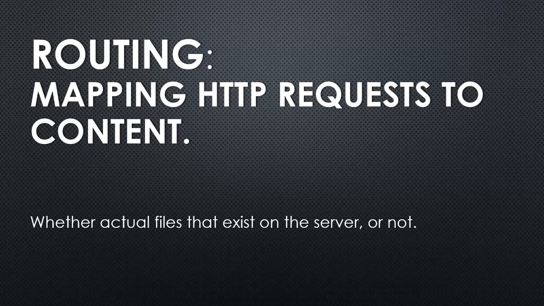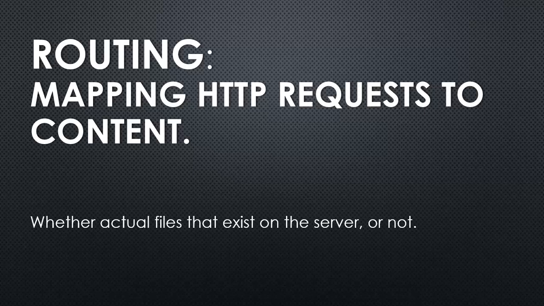And maybe I'll go to the database to get the image because it's not on the file server itself. Or I may have things sitting actually on the server as a file, and then I can just connect to it with a stream and stream it back. Or maybe I have to do some manipulation of data or processing a template or whatever. But I'm saying the route will map the request to content.